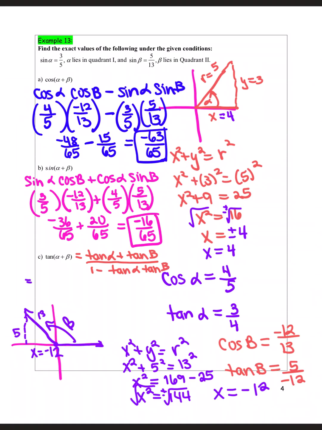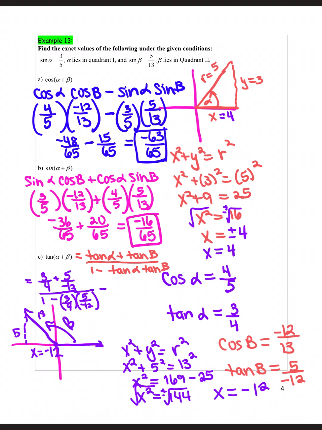So here we have tangent of alpha was 3/4 plus tangent of beta was 5 over negative 12 divided by 1 minus tangent of alpha was 3/4 times tangent of beta is 5 over negative 12.